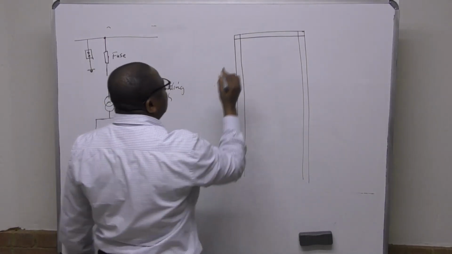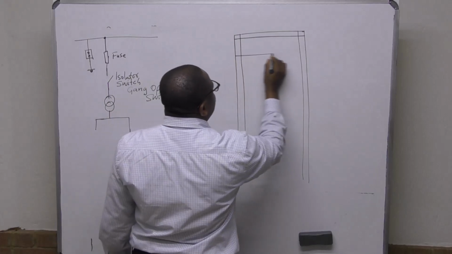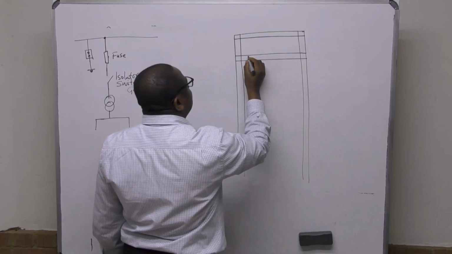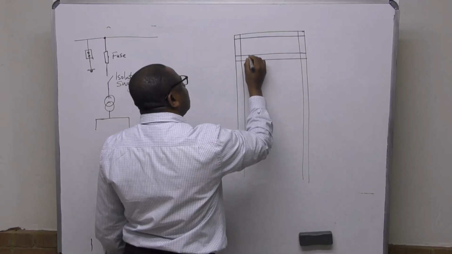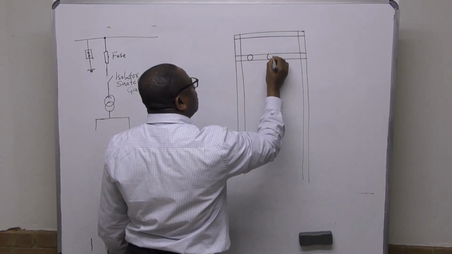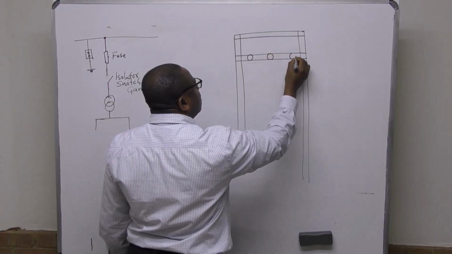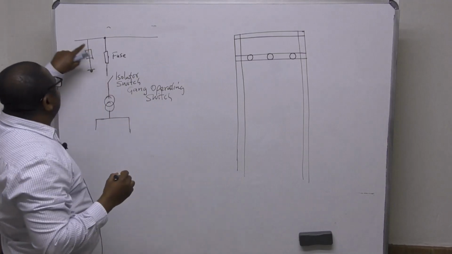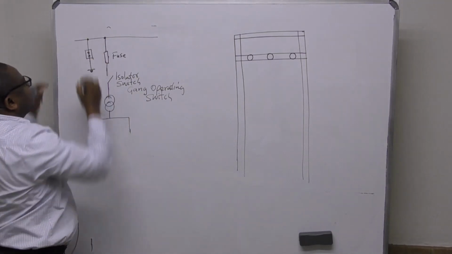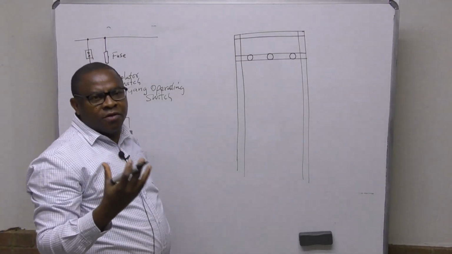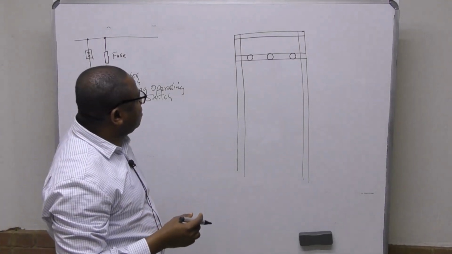Now, let's put another support here. Remember that you cannot just connect this like that as it is. There must be a support, an insulator, a disc insulator.